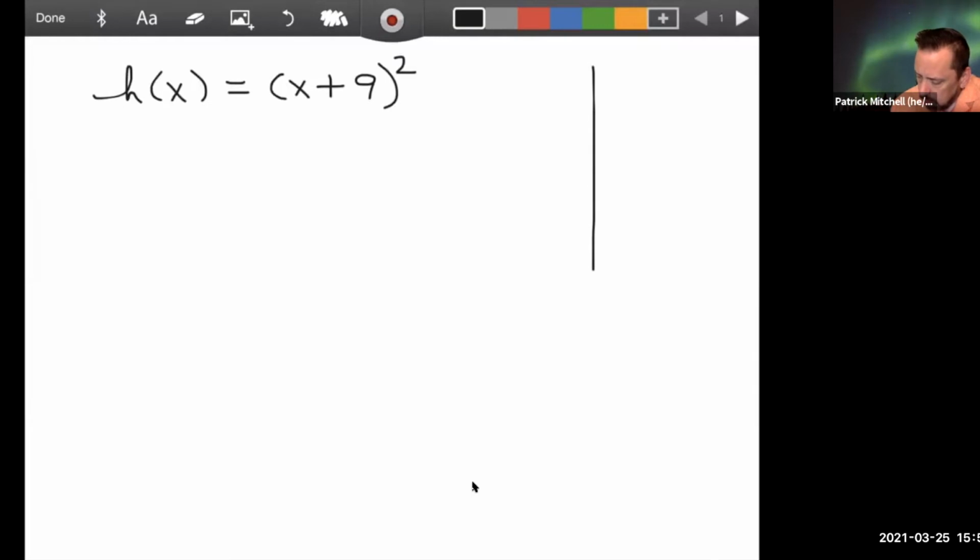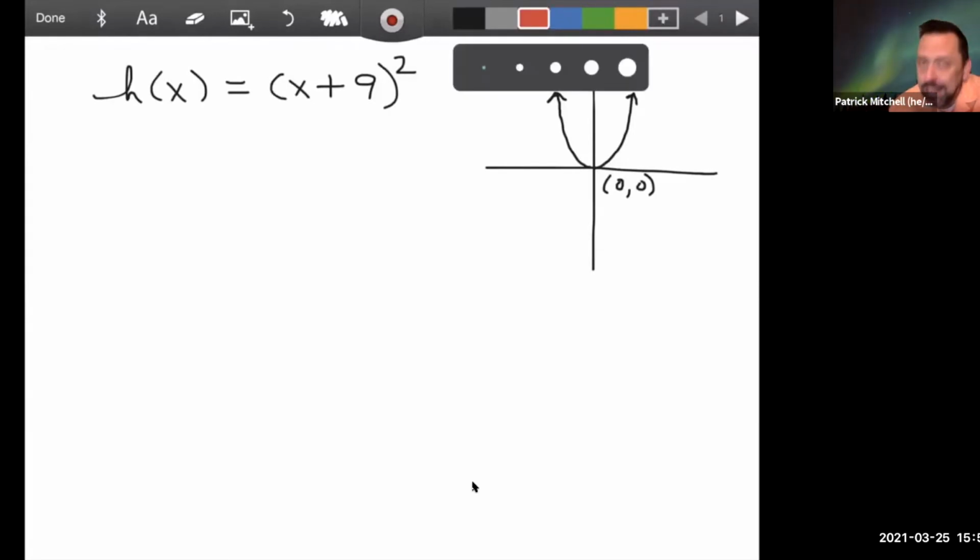We know that regular old y equals x squared looks something like this, and it has a vertex at 0, 0. So remember what we were just talking about a few minutes ago from chapter 8. If we replace x with x plus 9, that shifts the graph 9 units to the left.